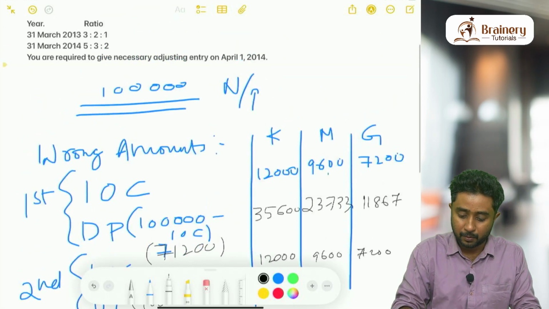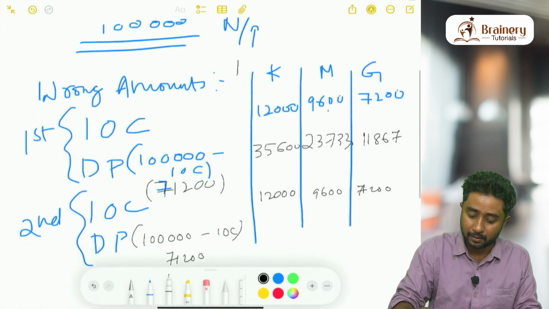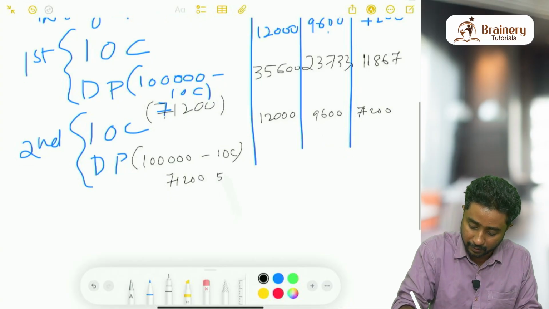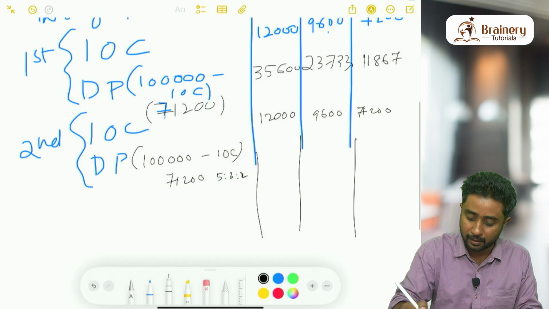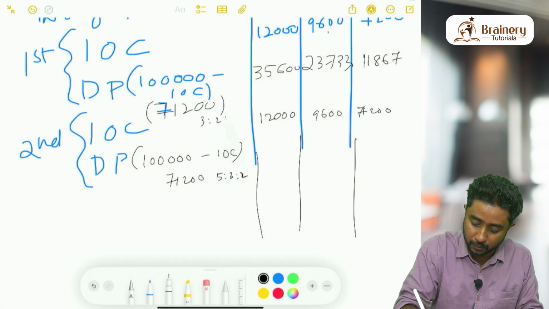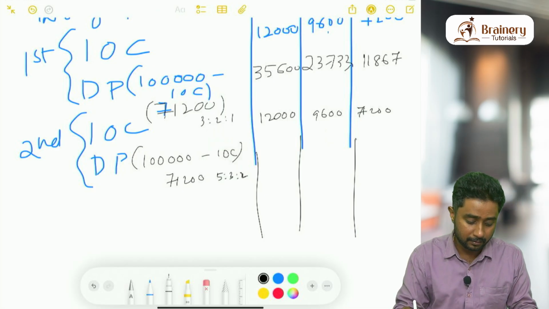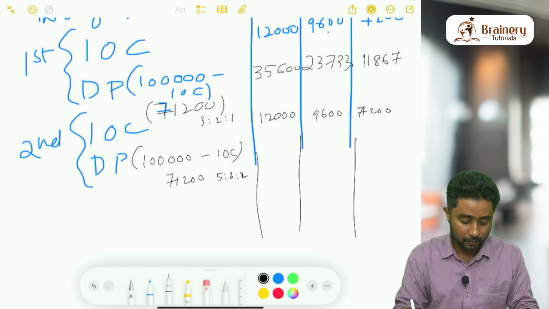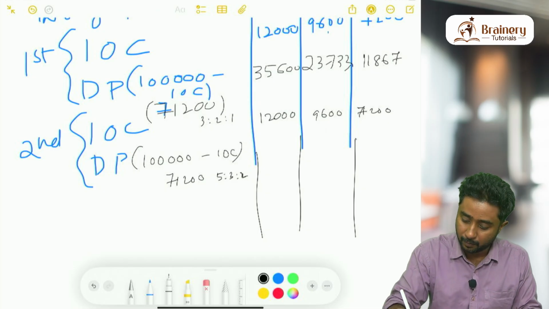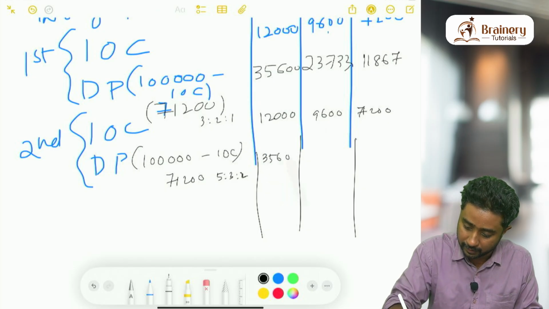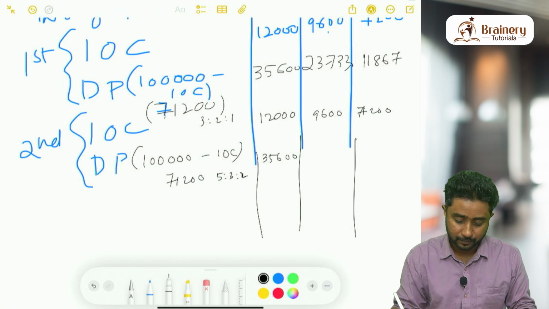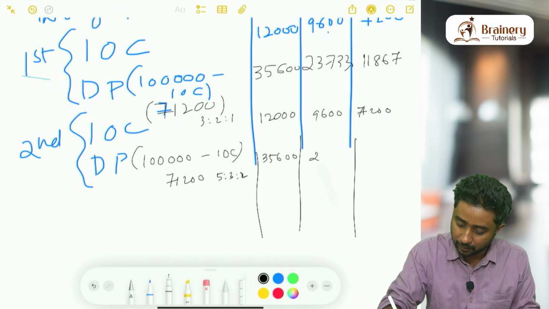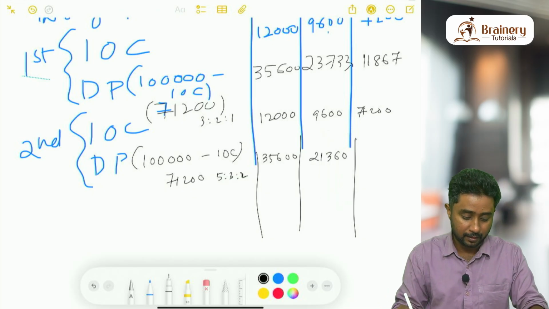But this 71,200 in the second year we are dividing in the ratio 5:3:2. Here it was 3:2:1, now 5:3:2. 71,200 into 5 by 10, you will get 35,600. 71,200 into 3 by 10 is 21,360.